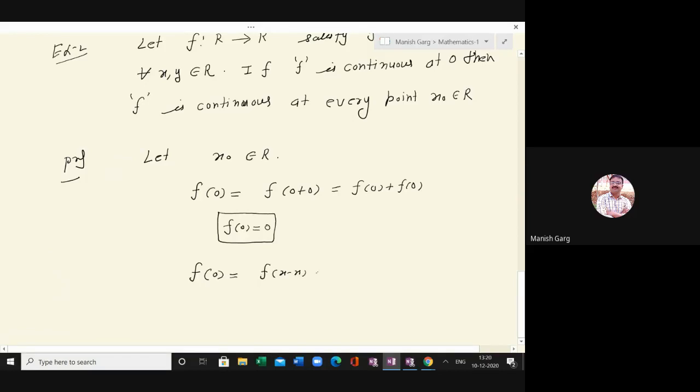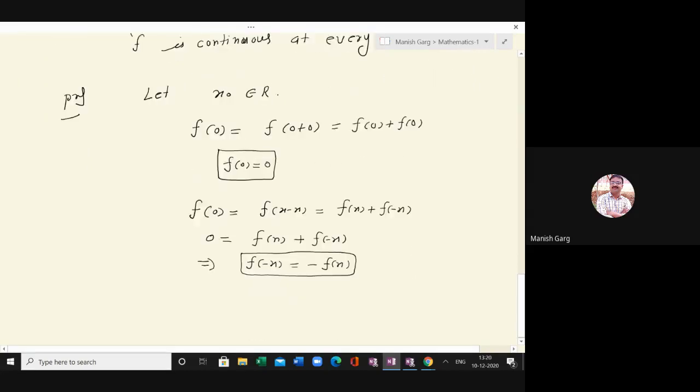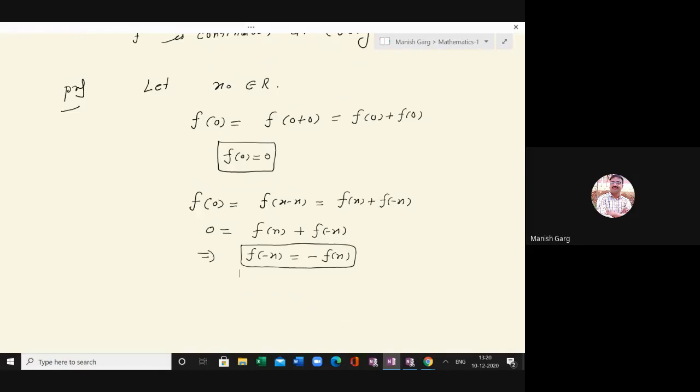By the above condition you can write f(x) plus f(minus x). f(0) is equal to 0. So this is f(x) plus f(minus x), or f(minus x) is equal to minus f(x). I am deriving these results, which are true if the given condition is true, that is f(x plus y) is equal to f(x) plus f(y).